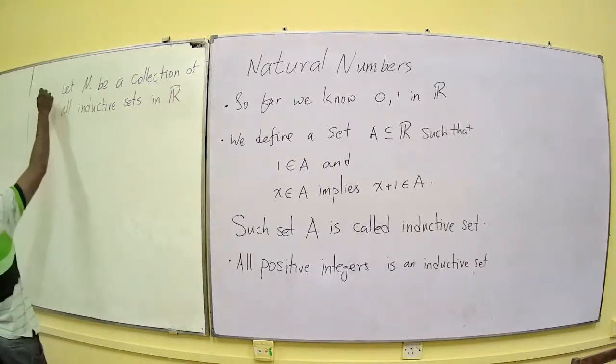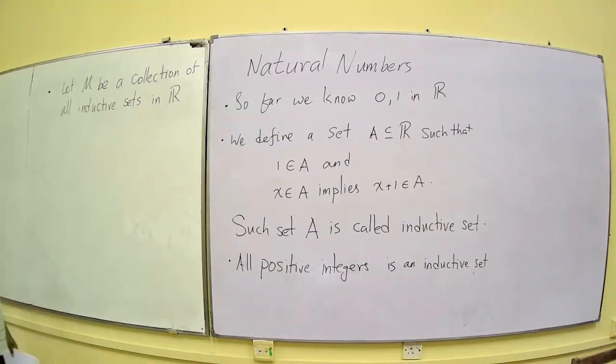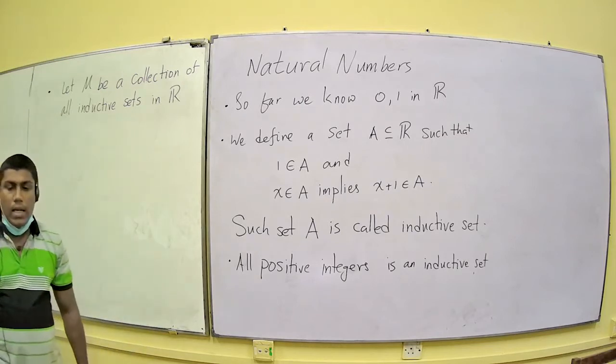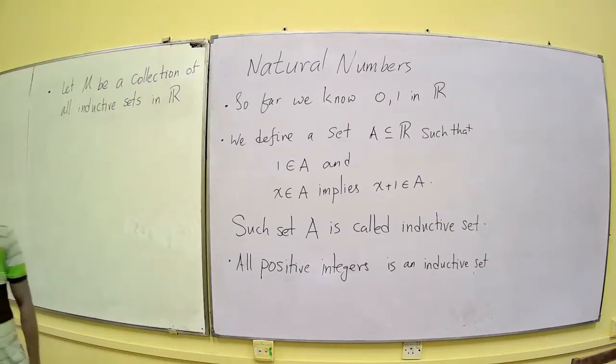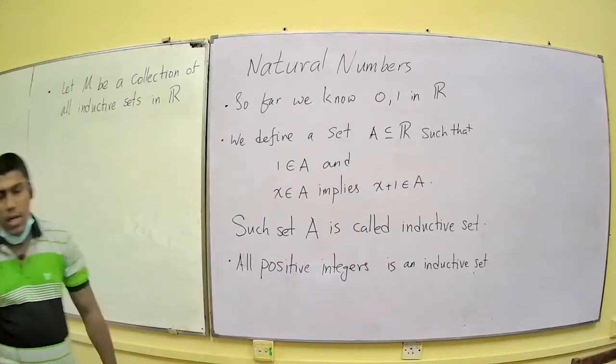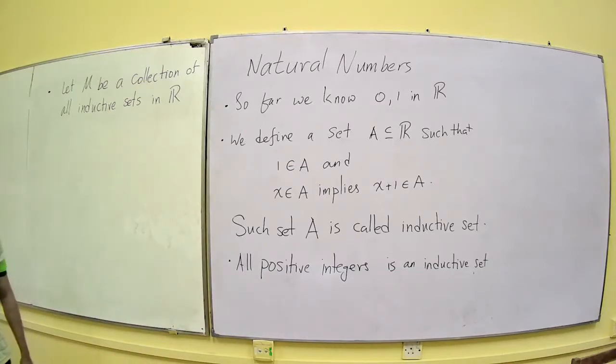Right, so let us define curly M, which is the collection of all inductive sets in the real numbers. Here I gave you one example, the positive integers, but there are other similar sets.